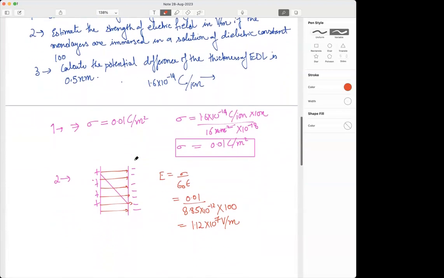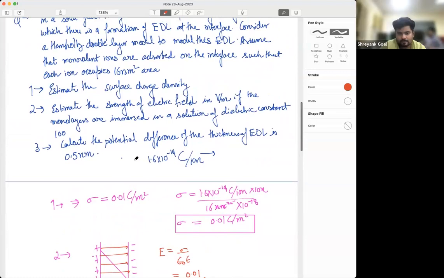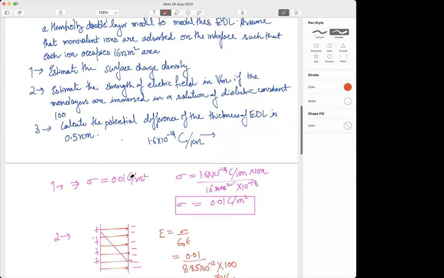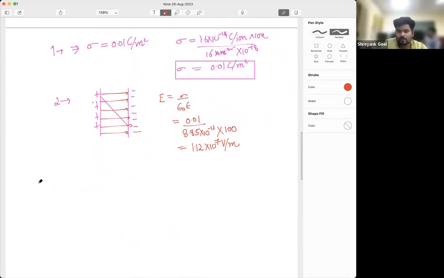Then let me write; see the second question, please. So let's solve the third part.